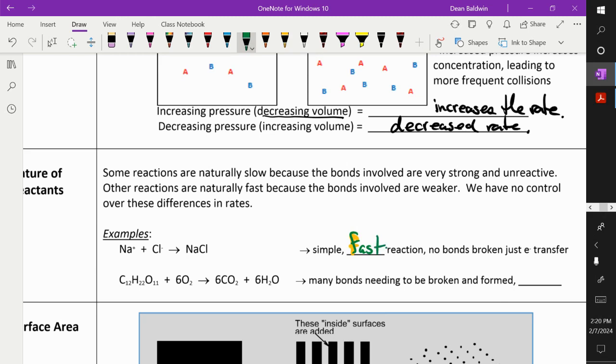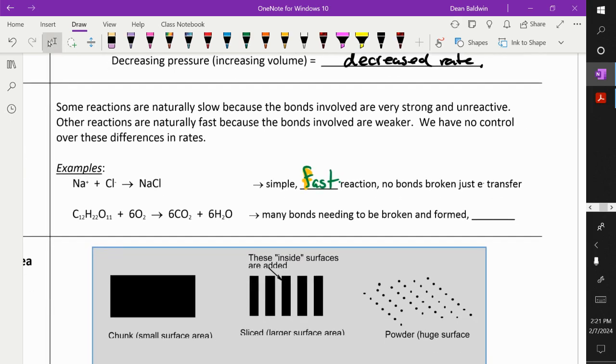It's an ionic bond. But when you look at this combustion reaction, there's a lot of stuff happening, bonds that need to be broken and formed. So the more complex the molecules, the more complex the nature of the reactants, which leads to more complex collisions and pathways, i.e., you get slower reactions.